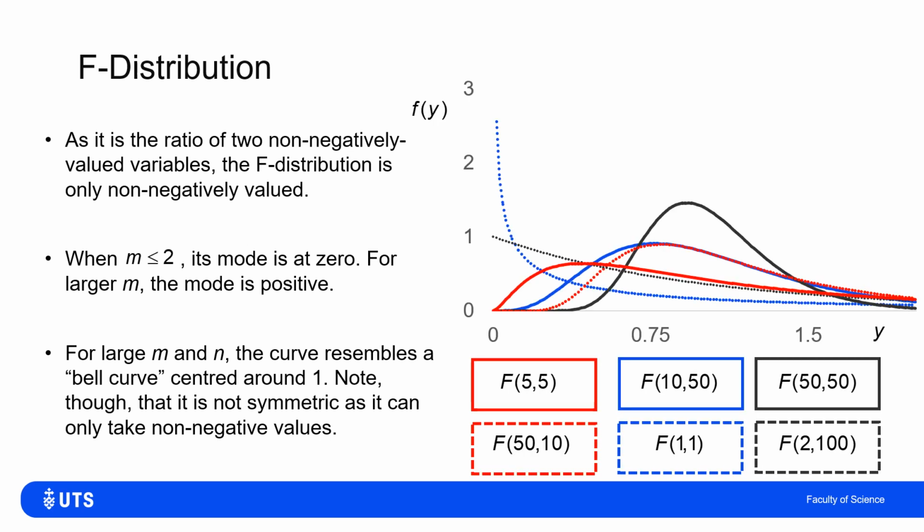It's not going to be symmetric. It can't be symmetric, whereas a t distribution is symmetric. An F distribution can't be, because it can take values tending off towards positive infinity, but it can't go negative. So it's not ever going to be symmetrical, but it gets more and more symmetric for very large degrees of freedom.